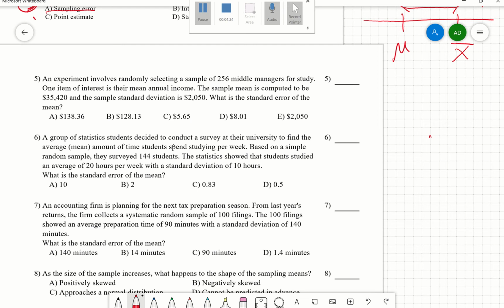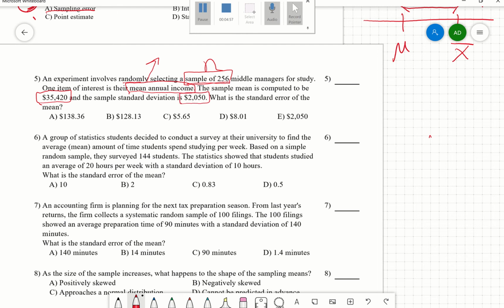So number 5: an experiment involves randomly selecting a sample of 256 middle managers for a study. This is our n. One item of interest is their mean annual income, x bar, or average. The sample mean is computed to be this much and the standard deviation is that much.